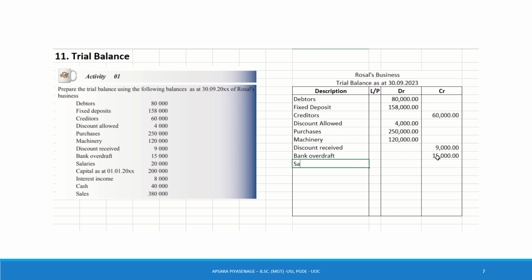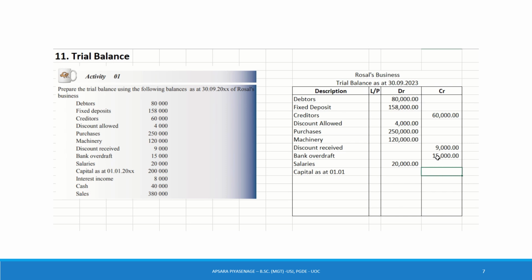Then salaries. Salaries are an expense. Therefore, we debit that. Capital as at January 1st.